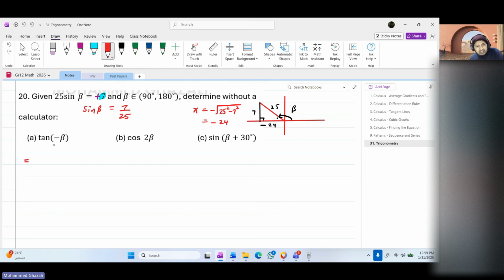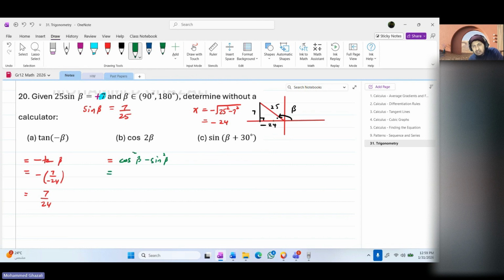What is tan of negative beta? Tan is in the fourth quadrant, so that's negative tan beta. And tan of beta here is opposite over adjacent, so negative 7 over negative 24. So just 7 out of 24. What is cos 2 beta? When you are using cos 2 beta in terms of diagrams like this with all the values given, always use cos squared minus sine squared because you get the LCD. Cos squared beta minus sine squared beta.